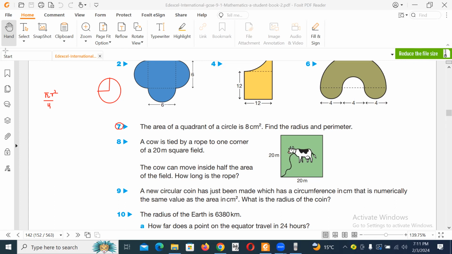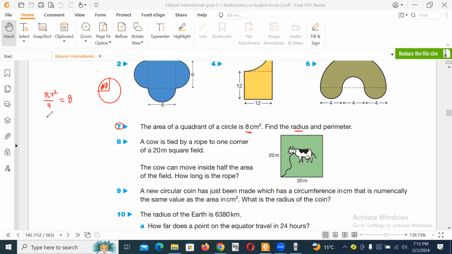For this part we have the formula pi r squared over 4, which is equal to the given 8 centimeters squared. Now they want us to find the radius.